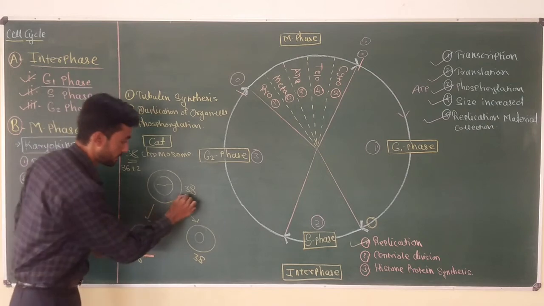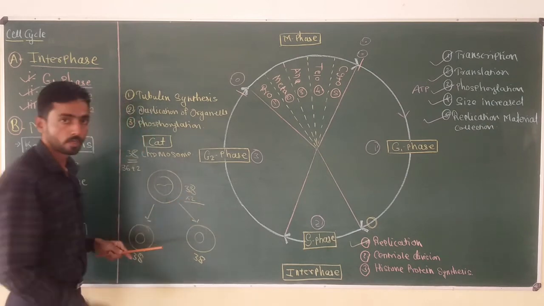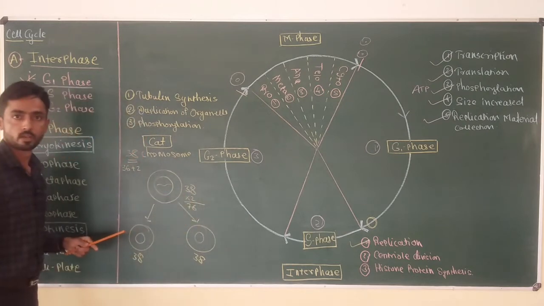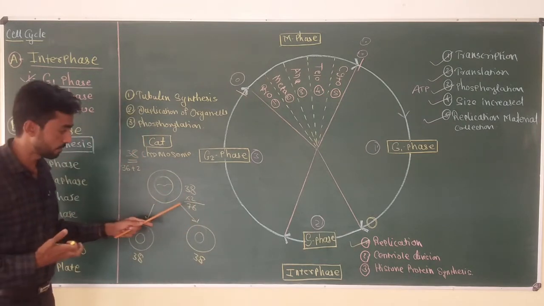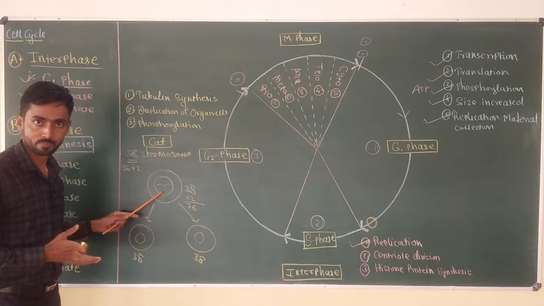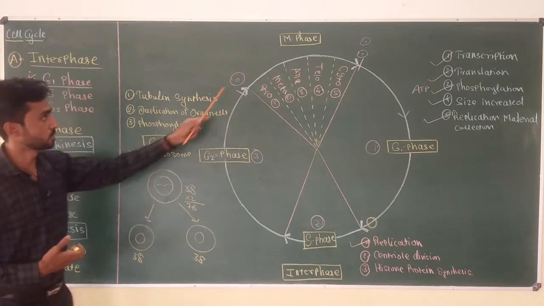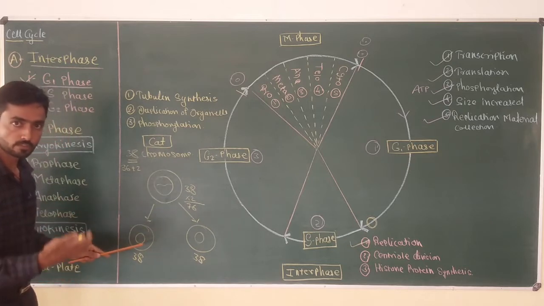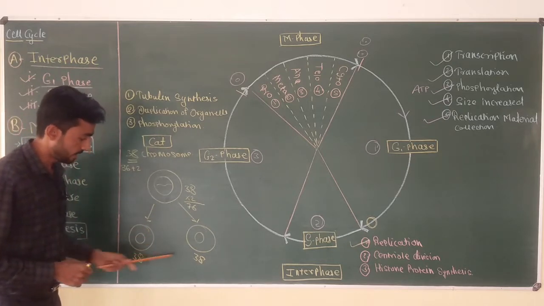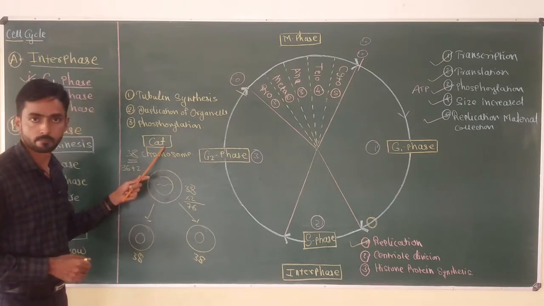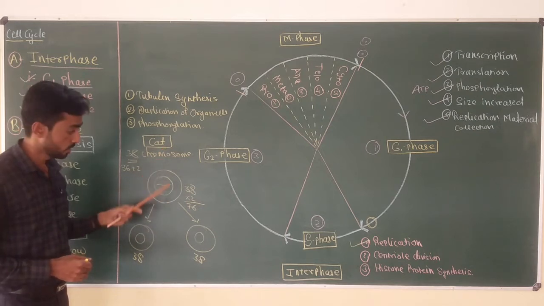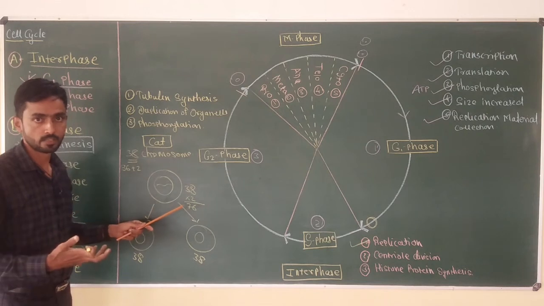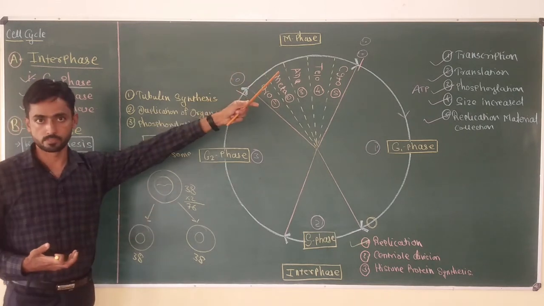Initially the cell has to replicate its chromosomes, so that the parent cell must have 76 chromosomes before entering into the M phase. And after cell division, each daughter cell will receive 38 chromosomes in cat. So without DNA replication, DNA duplication, the cell cannot enter into the M phase.